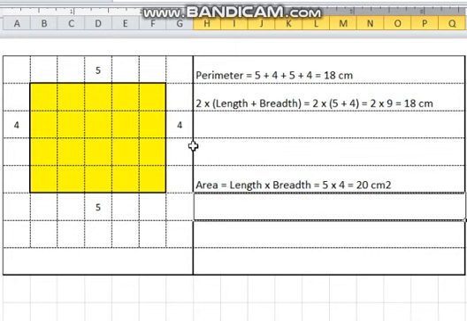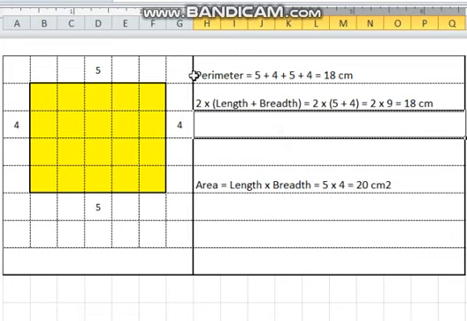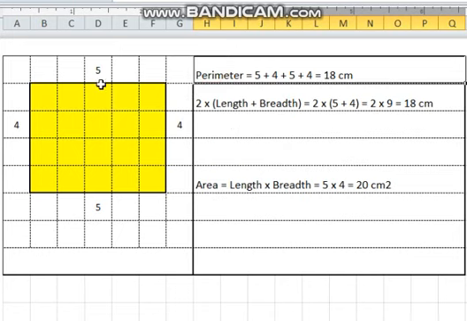Okay, so this is how we do the perimeter and area. Perimeter is just the outer line here, 5 4 5 4, and it is equal to 18 centimeters.